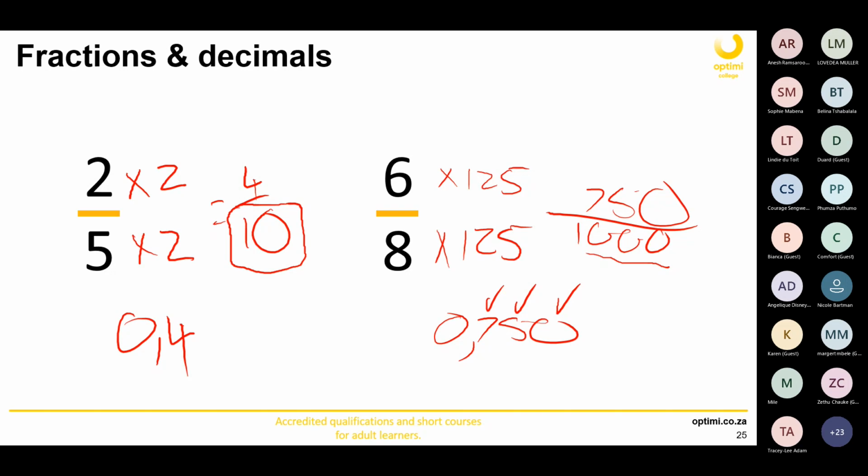But if you know what you're doing, you could multiply 8 by 1,25, and then multiply 6 by 1,25, and then you can get an answer, but then you just need to know where to go with the comma. So what I suggest is you multiply the denominator by a whole number so that your answer becomes 10, 100, 1,000, or something like that.